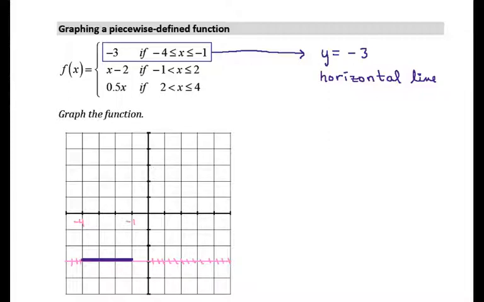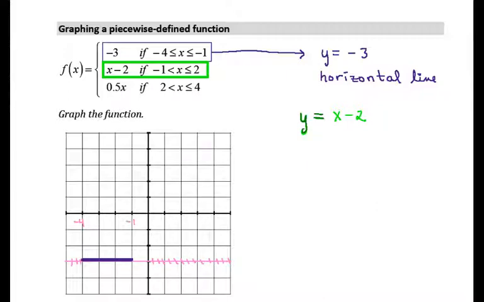Looking at the next piece, I have y, of course that's not what I meant to do, y equals x minus 2. And let's use a darker color for this part real quick.